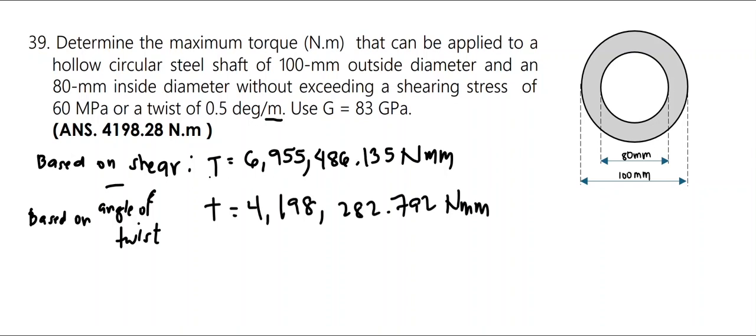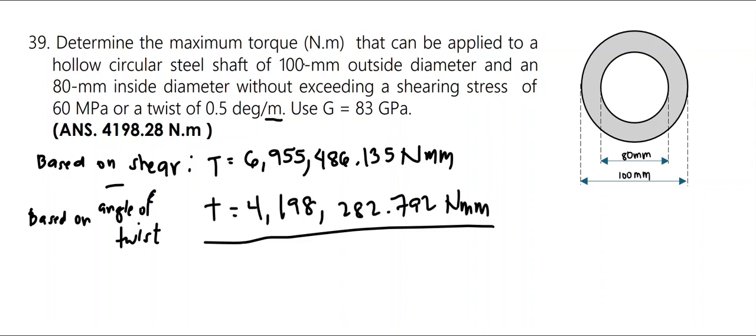Now, based on these two values, the maximum torque for the shaft to not exceed the shearing stress of 60 megapascals or an angle of twist of 0.5 degree per meter is the one that has the smallest value, which is this one, so as to not exceed the shear stress of 60 megapascals or the angle of twist of 0.5 degree per meter.